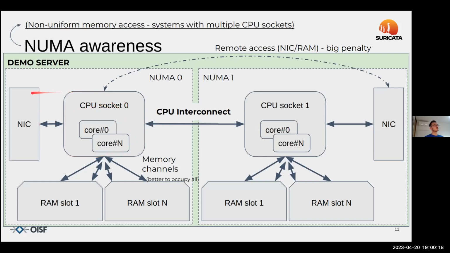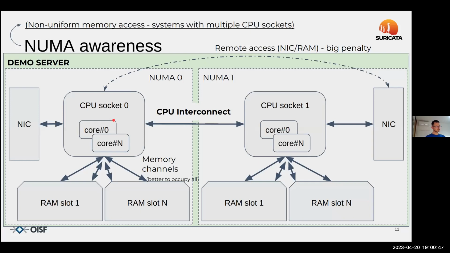You don't want to use the second CPU in a different spot. You can, because there is a CPU interconnect that connects your 2 CPUs together, so you can communicate with whatever you want, but it takes a toll because of the remote access.